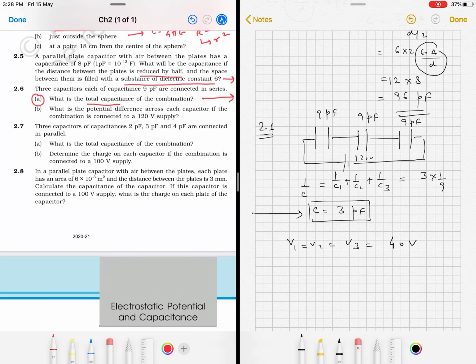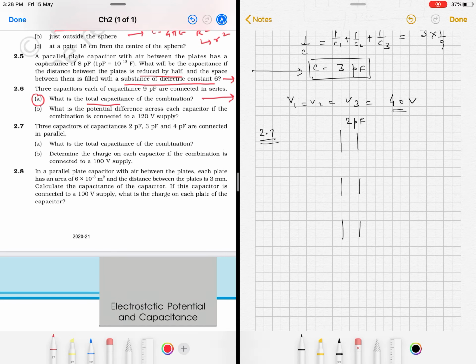Now 2.7, 3 capacitors. The simple questions. 3 capacitors of capacitance 2 picofarad, 3 picofarad and 4 picofarad. Wherever a diagram is needed, make the diagram so the question will be easy to understand.